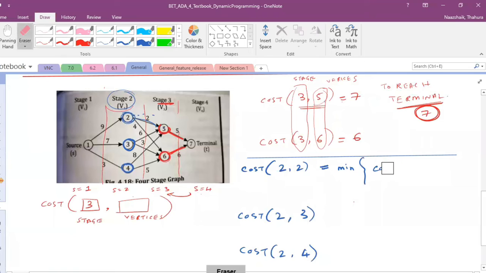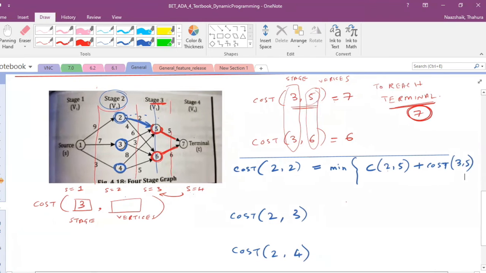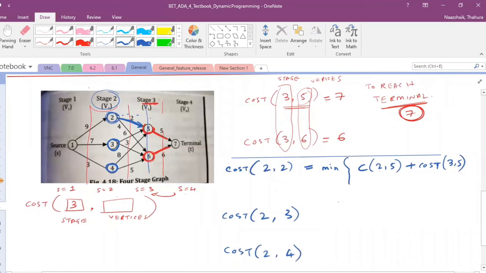Cost of, okay, this I will put as C. I'll tell you why. 2 to 5. And this is the direct edge, 2 to 5. Plus, you know the cost of going from stage 3 to stage 4, right? Plus cost of going from stage 3 vertex 5. I hope this is clear. I'll just pause here. Just try to understand. I'm trying to get the cost. What is the cost of going from 2 to 7? Okay. One is I have a direct edge. I have to pick that. Okay. So this is the direct edge. And because this is an edge, right?